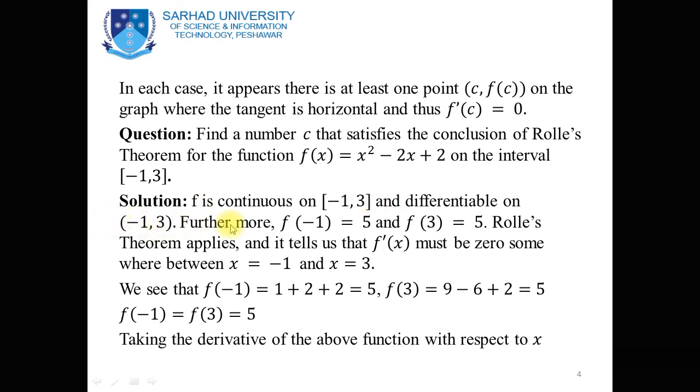Furthermore, the value of a is −1 and the value of b is 3, so f(−1) is equal to 5 and f(3) is also equal to 5.